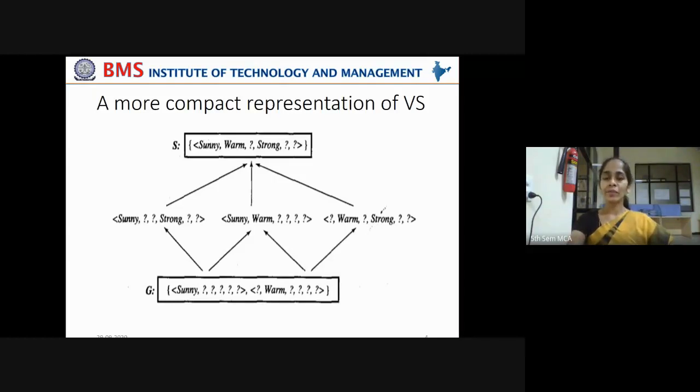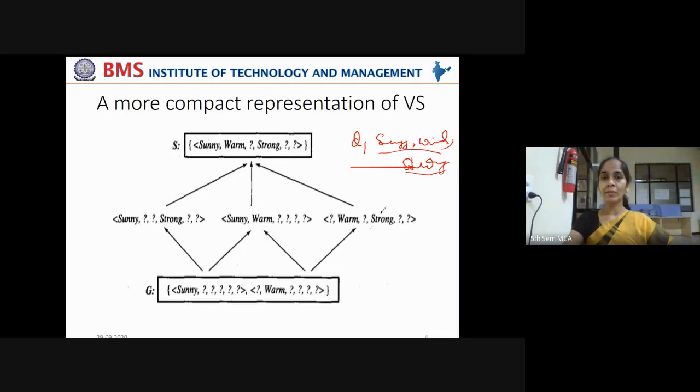Say I give you day one's data as sunny, windy and strong, like this. Okay, this is one training example. Now if you find a hypothesis which is not according to this particular training example, then you have to remove it.